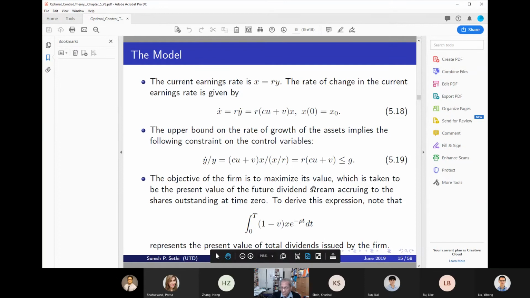So if I hold a share, I'm going to get a dividend (1 minus v) times X. And if I discount that dividend at this rate, which is my required rate of return, then my share has that value.